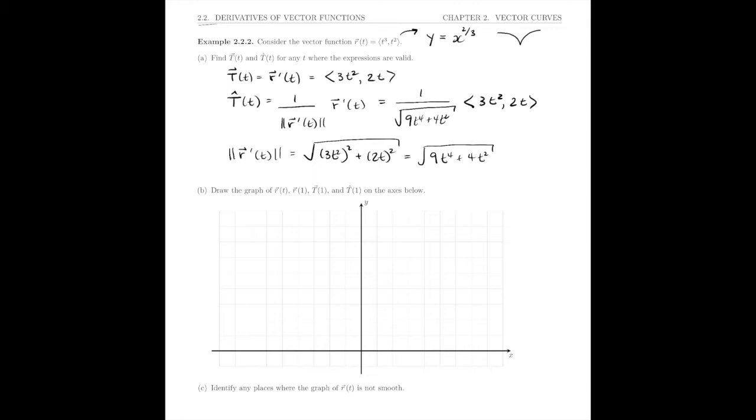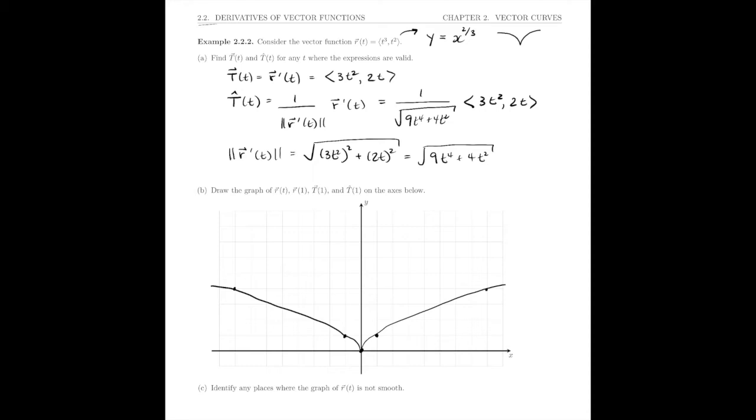At t equals 0, I get the vector 0, 0, and that is here. If I look at t equals 1, then our graph is going to pass through the point 1, 1. And when t is equal to 2, we're going to have the point 8, 4. So 8, 4 is here. So our graph will come up and look like this. And by symmetry, for the negative values, the other side of the graph is going to look like this.